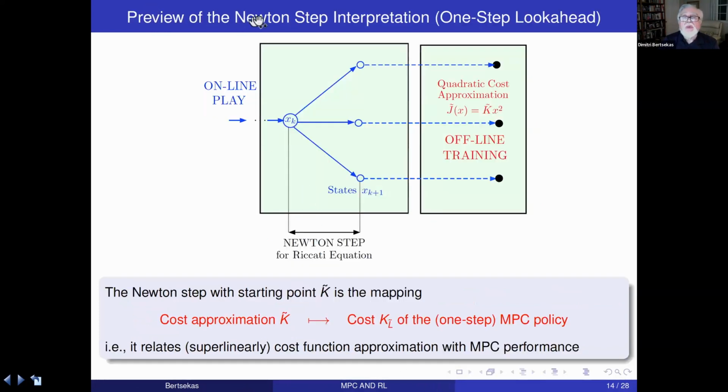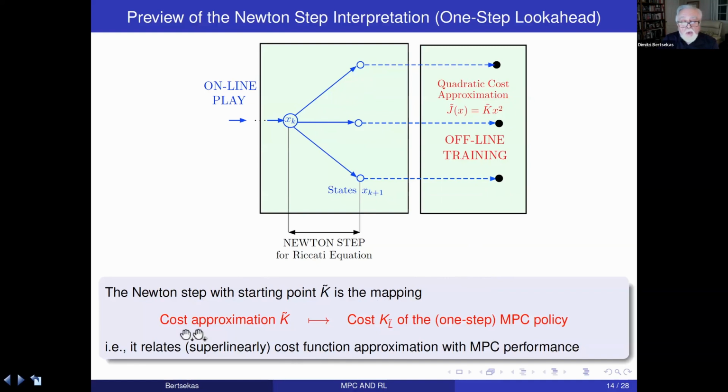So let's review the Newton step interpretation with one step look ahead. At a given state, we consider all possible controls that lead to states xk plus 1, and then we take a cost function approximation at the end of this step. And this part here is the Newton step.